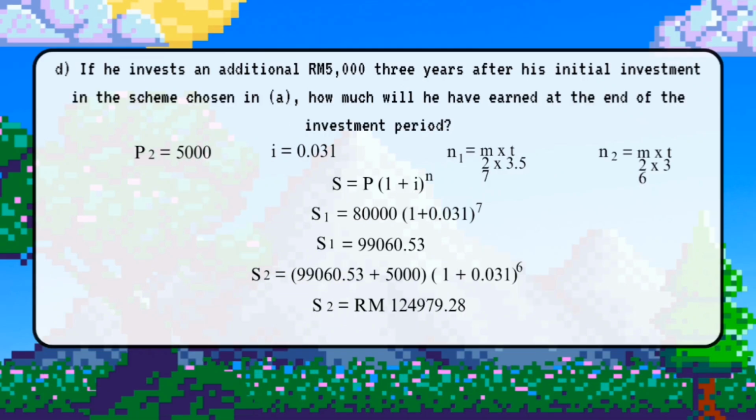For question D, if he invests an additional 5,000 ringgit 3 years after his initial investment in the scheme chosen in question A, how much will he have earned at the end of the investment period?